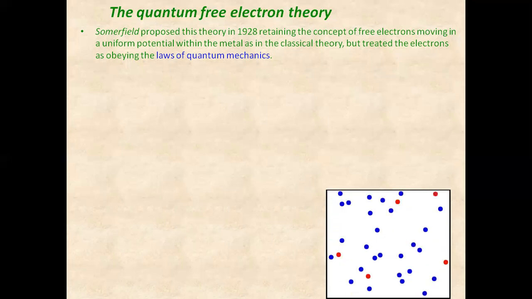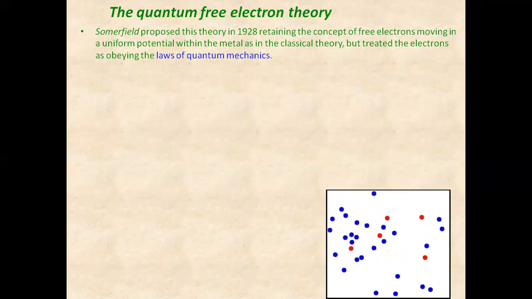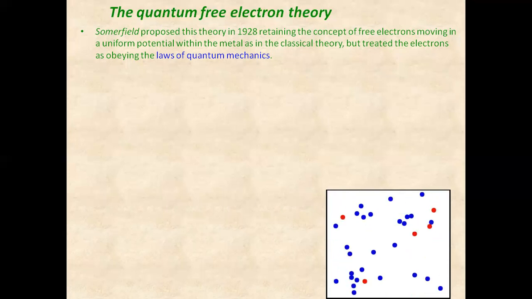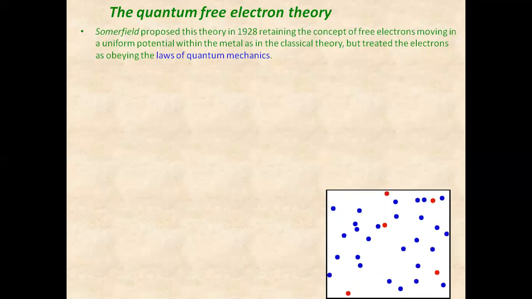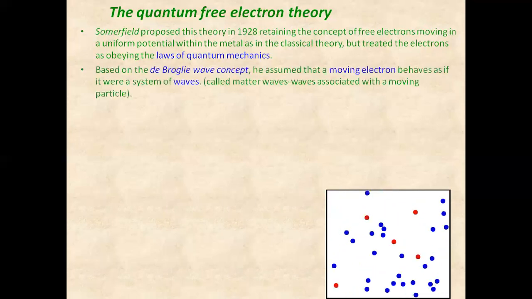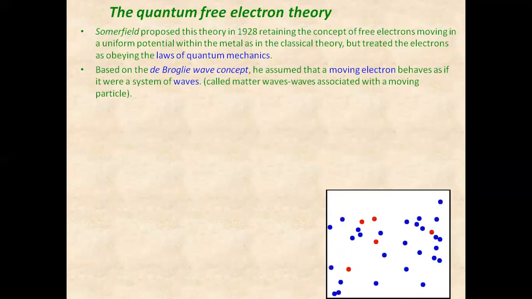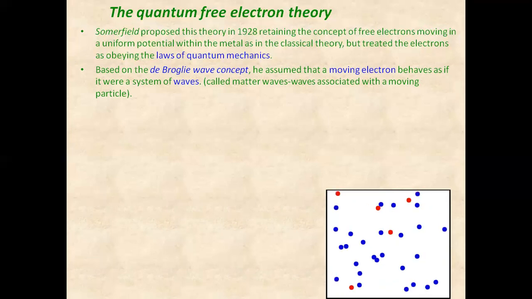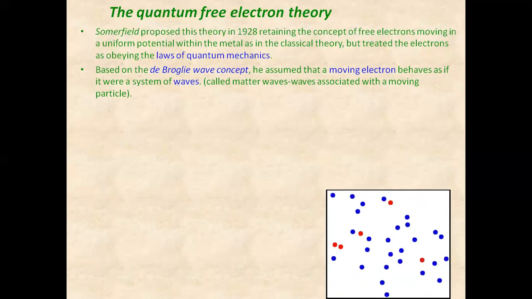Previously, in the classical free electron theory, the electrons were treated as normal classical electrons which obey classical mechanics. But here we need to consider quantum mechanics. Based on the de Broglie wave concept, we assume that the moving electron behaves as if it were a system of waves called matter waves.